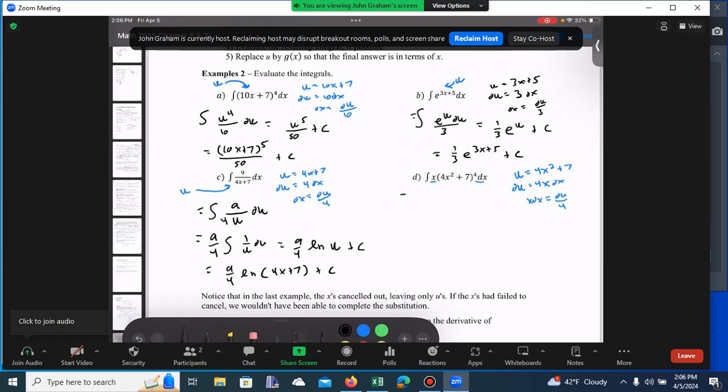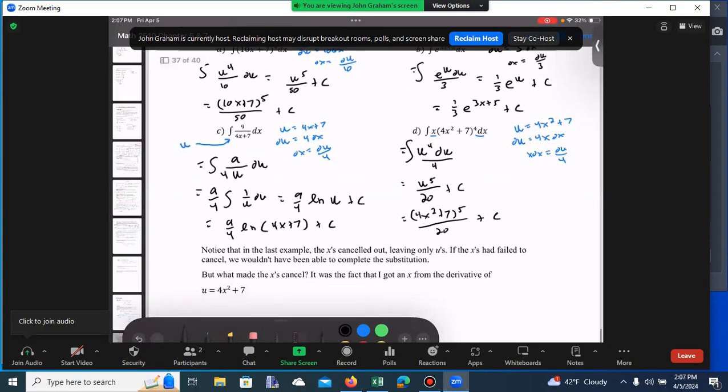So we can rewrite this: u to the 4th, du over 8. And when we take the antiderivative, we get u to the 5th over 40 plus c. And we substitute back in what u is, and we get (4x squared plus 7) to the 5th over 40 plus c.